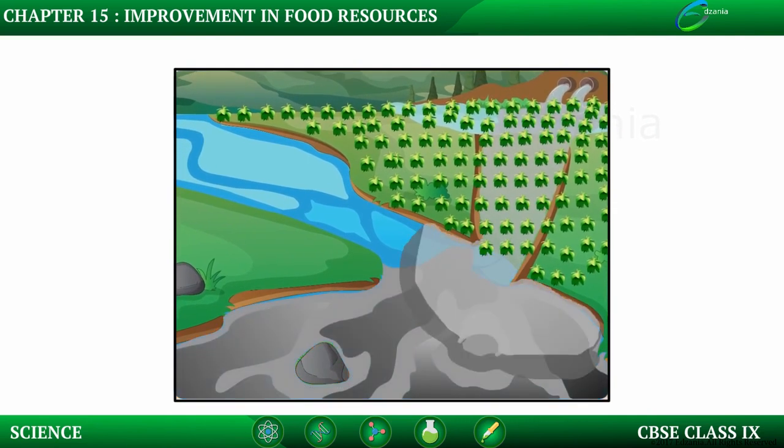Also, we have studied that continuous use of fertilizers in an area can destroy the fertility of soil. Why? Because organic matter in the soil is not replenished and microorganisms in the soil are harmed by the fertilizer used. And hence it is better to use manures than fertilizers.